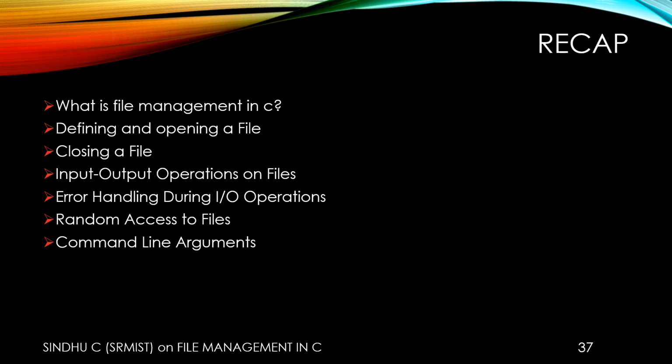Then instead of accessing file data sequentially, we can also access data in files randomly. So we have seen random access to files, and also how to use command line arguments using the main function's arguments.